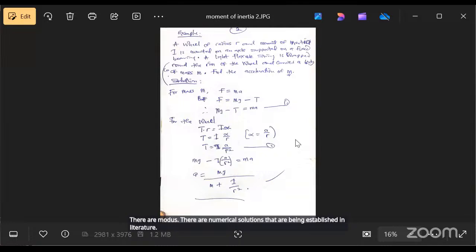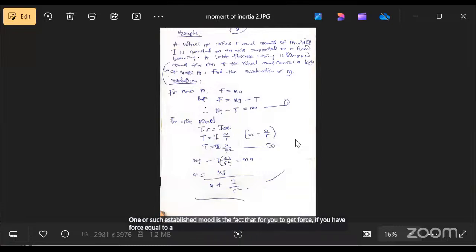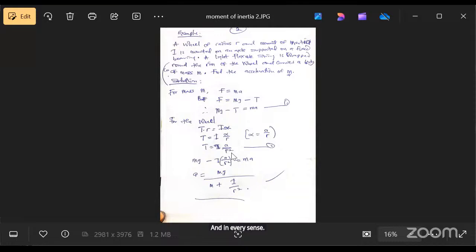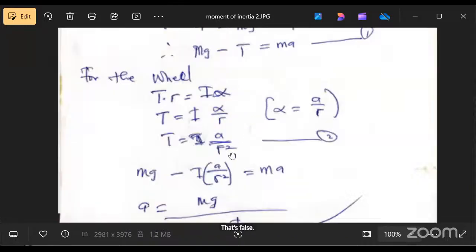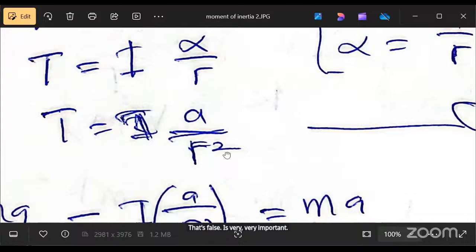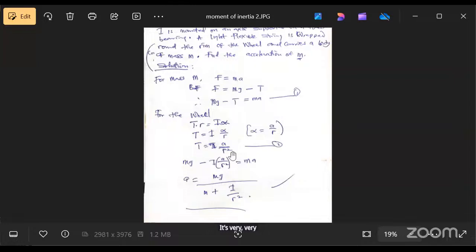One such established model is that to get force, you have force equals ma, validated experimentally and in every sense. So when you are given a question, you find the mass, multiply it with acceleration, then you get your force. However, that force is very, very important.